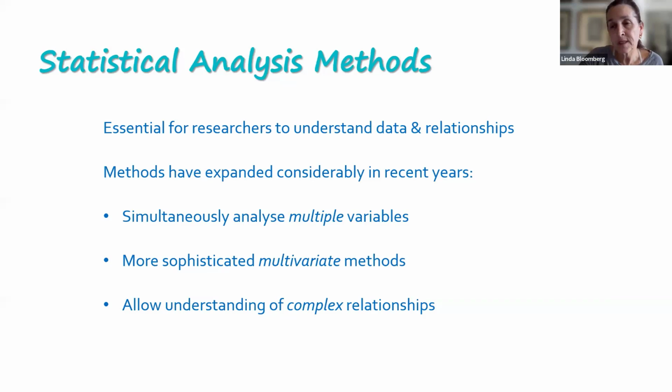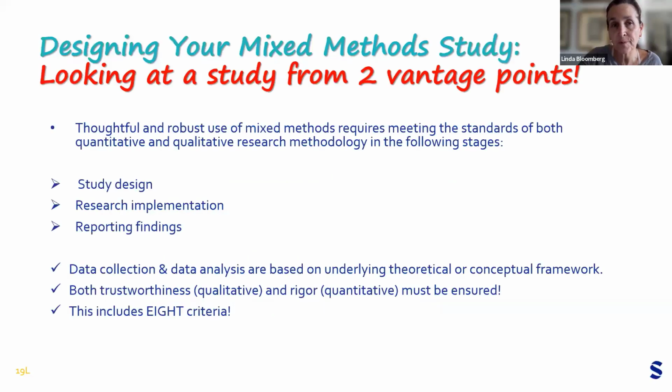So if you are a stats person or a quantitative researcher, I'm sure you are aware of what I'm talking about here. And a lot has developed, especially with these second generation techniques in recent years. So if you're considering a mixed method study, you are really looking at a study from two very different vantage points. As you can see, qualitative and quantitative methodologies are very different on all levels.